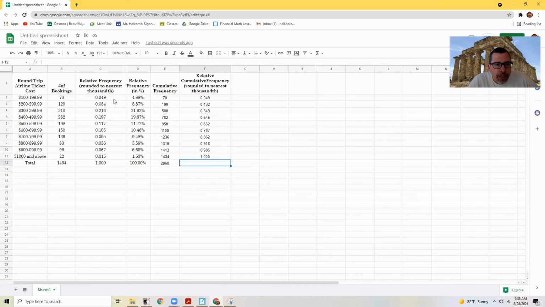All right, so what's happening there? I'm accumulating all these values. 0.049 plus 0.084 is 0.132. 0.132 plus 0.216 is 0.349. And I keep accumulating the relative cumulative frequency until I get down to 1. I don't need this here now. Okay, so there is our table with a relative cumulative frequency. So it's this column accumulating.